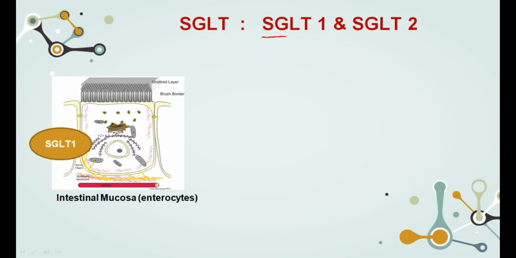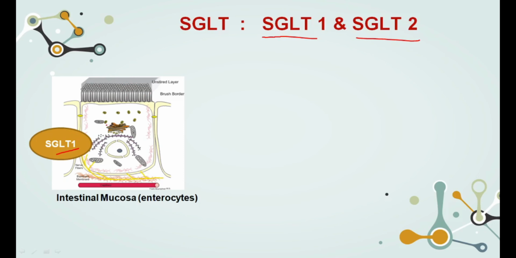Now coming to SGLT1 and SGLT2, because these are the two major glucose transporters. SGLT1 is expressed in the intestinal mucosa enterocytes. It is responsible for glucose absorption in the small intestine, and some recent evidence suggests that SGLT1 is expressed in the luminal brush border and is responsible for nutrient absorption.